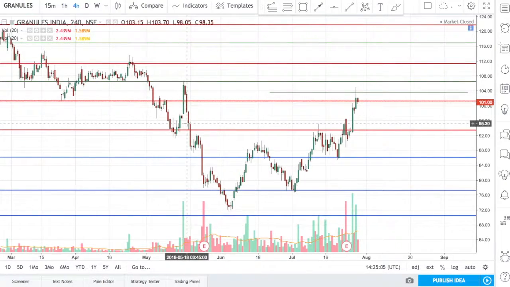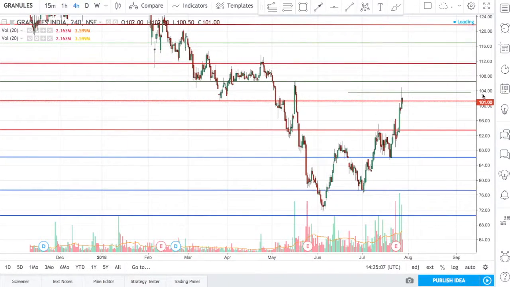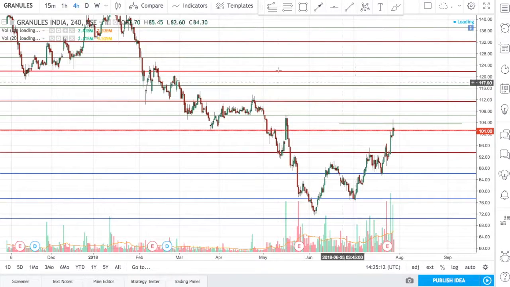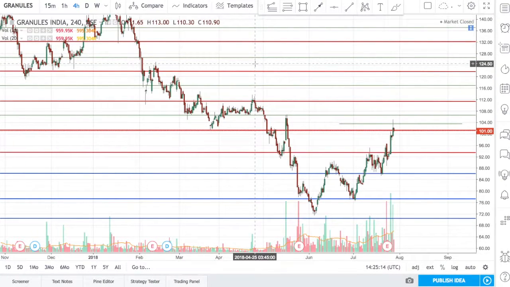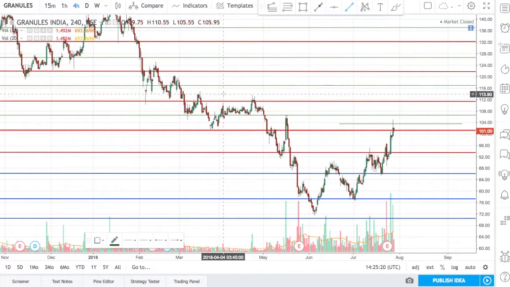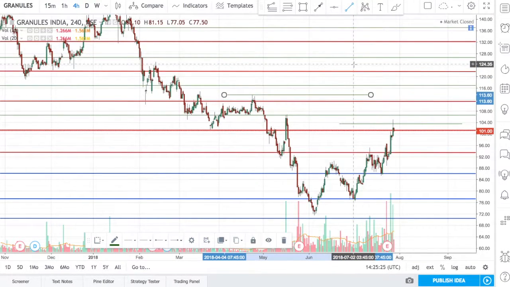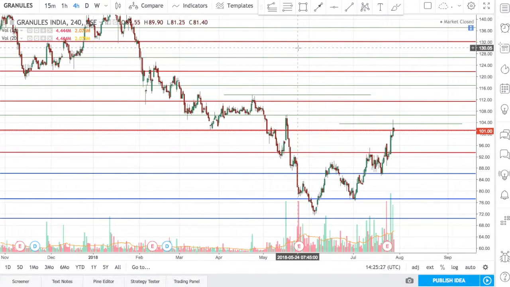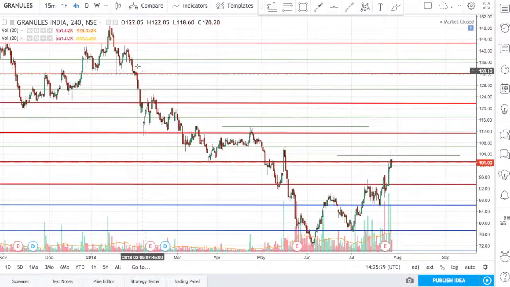Third, a bird's eye view of the chart tells us the most recent confirmed retracement was this point. How do we know that?